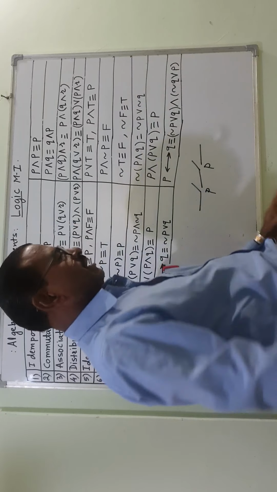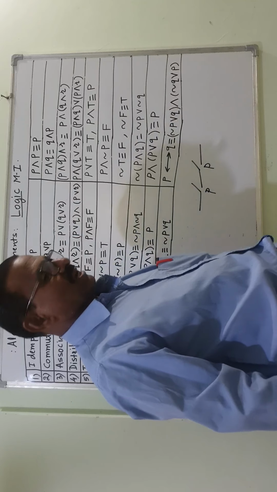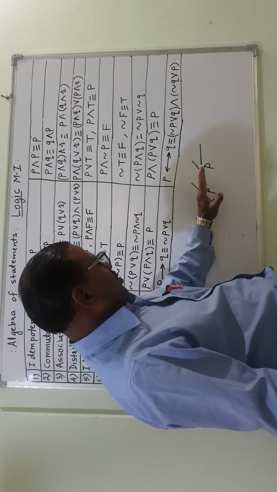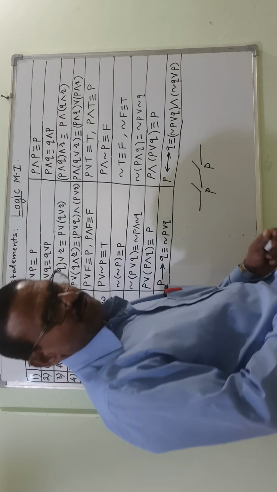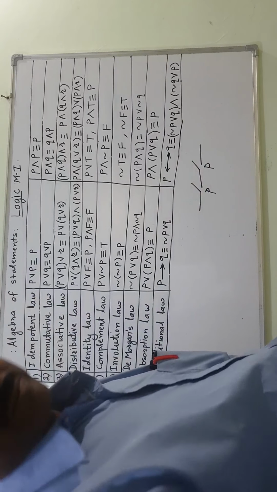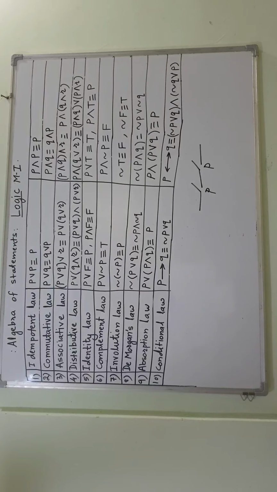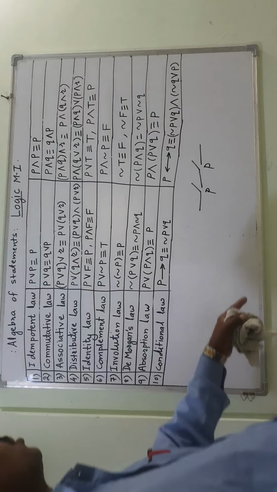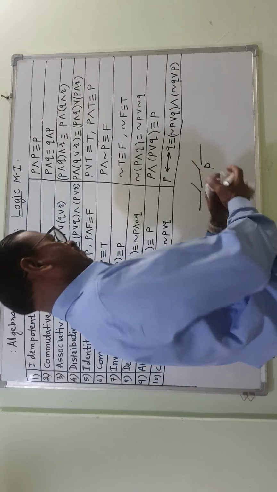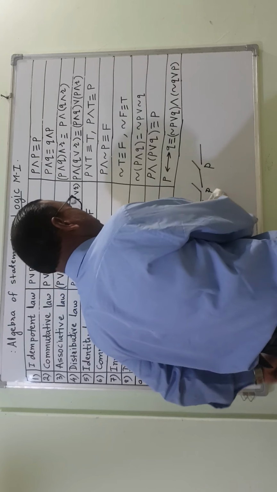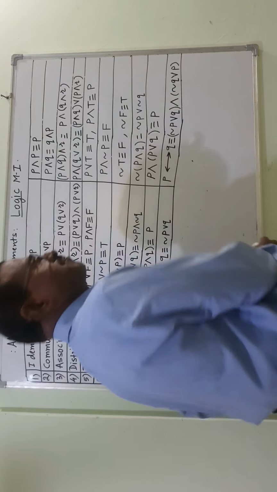So the current will not come, means false. If this is on, then this is also on, that means true. So instead of joining these two switches, it is better to have a single switch in the circuit. So P and P is nothing but P, is equivalent to. How to read this? Equivalent to.